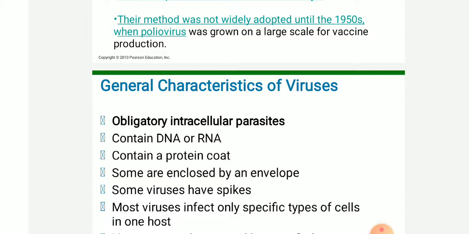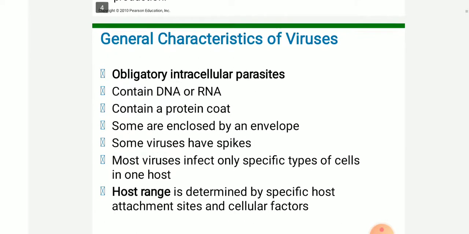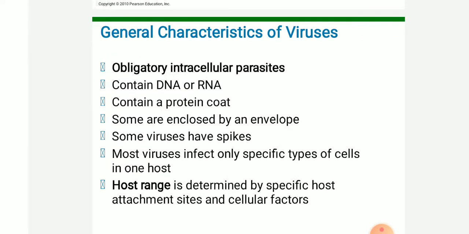Viruses have both living and non-living properties. First, let's look at the characteristics of viruses. First, they are obligatory intracellular parasites. Second, they contain DNA or RNA as genetic material, and they consist of a protein coat.